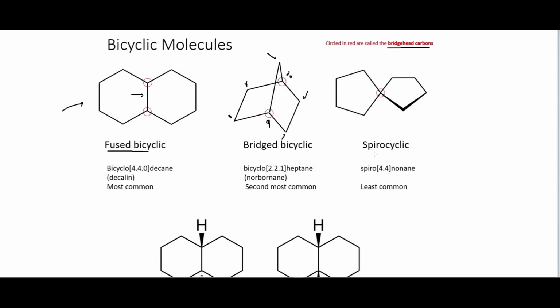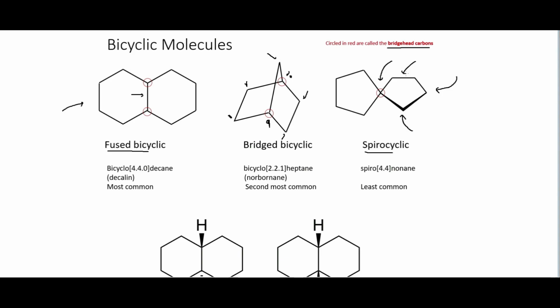We can also have what are called spirocyclic, where the two just share a single carbon in the middle right there, and one of them is going to be sort of spiraled, so they're not going to be in the same plane as each other. So this one, we have this carbon sort of sticking out of the screen.